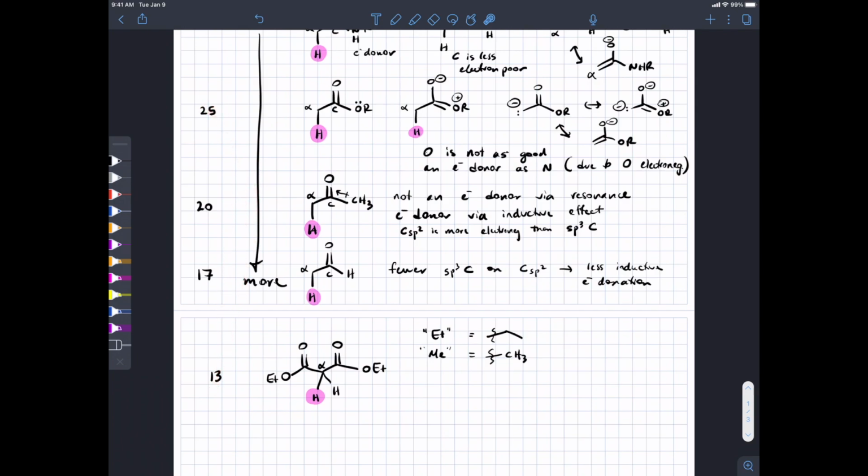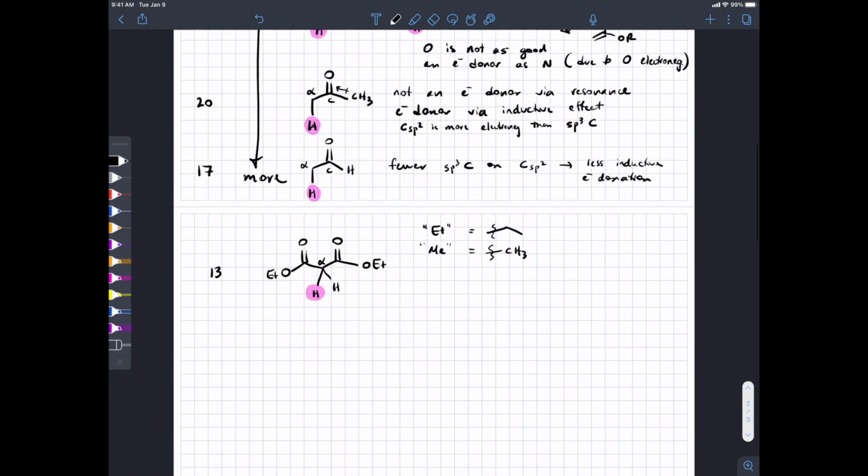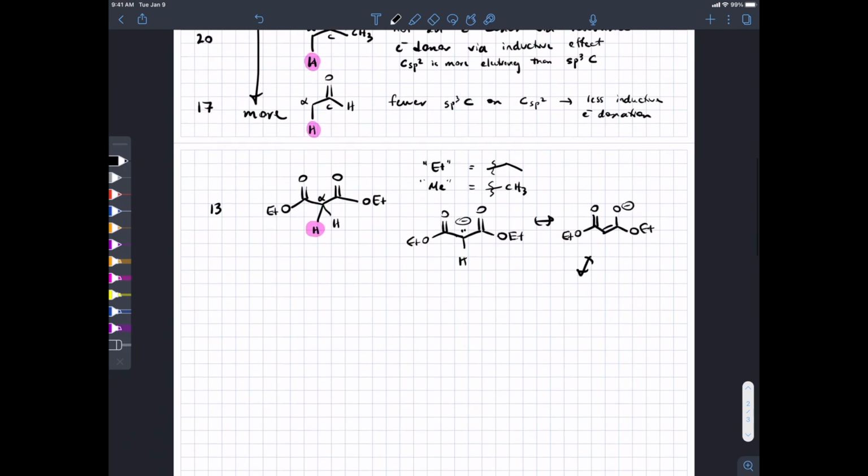And that's because if you draw the conjugate base, you now have two carbonyls into which you can move the negative charge on the alpha carbon. So you've got this resonance structure, and then you have this one.